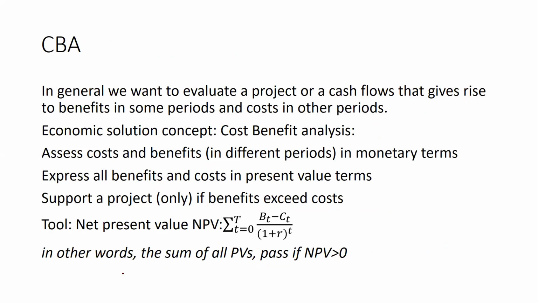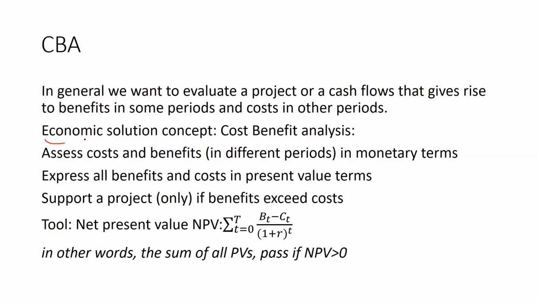So we've got a good mode of discounting, but we want to take that mode and apply it to cost benefit analysis. In general, in environmental economics, what we want to do is evaluate a project or cash flows that give rise to benefits in some periods and costs in other periods. And again, for the most part, we're going to be looking at upfront costs and benefits that accrue over time.